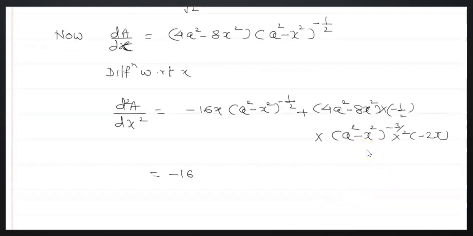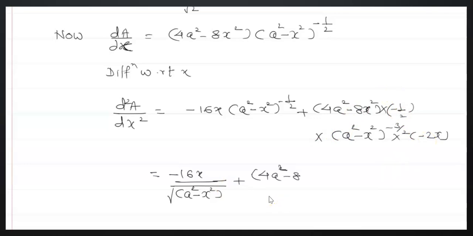That is minus 2x, and hence this is minus 16x into a square minus x square raised to 1 upon 2, or it is root of. Next, here minus and minus will become plus.